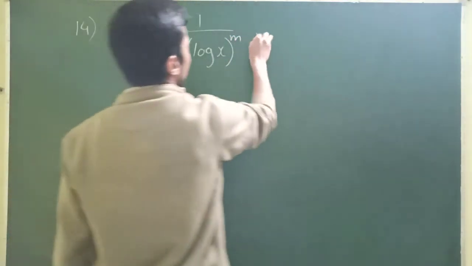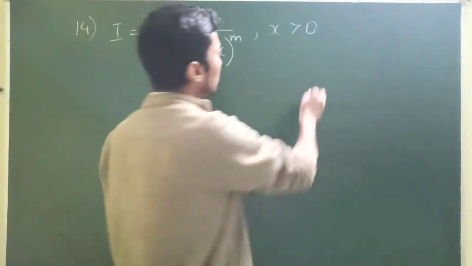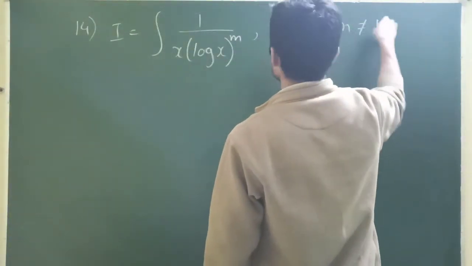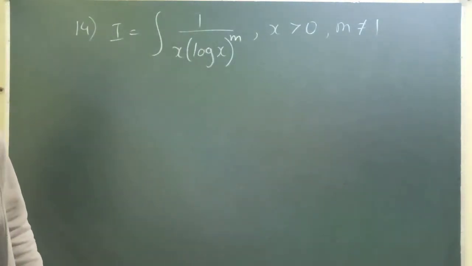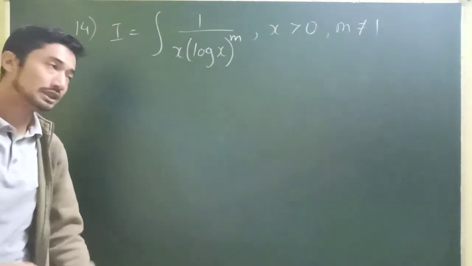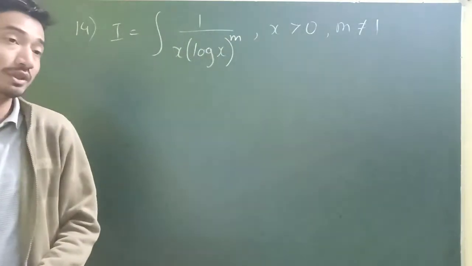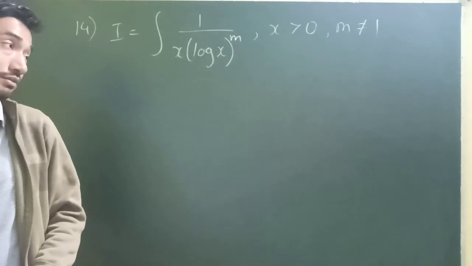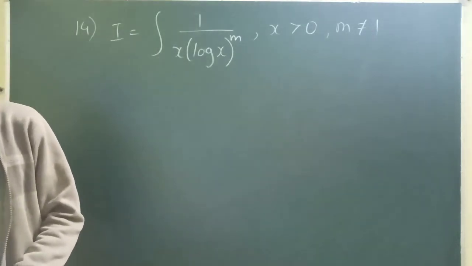That is, x should be greater than 0. Okay, no problem. m is not equal to 1. No problem. m is not equal to 1. Okay. x should be greater than 0 because log x has to be defined. Yes, that's understood. m is not equal to 1. What will happen if m is equal to 1? There might be some problems if m is equal to 1.